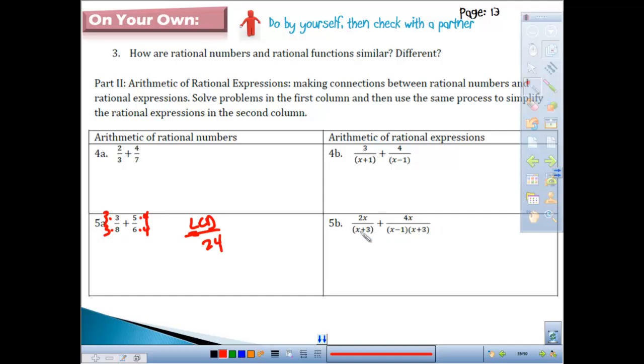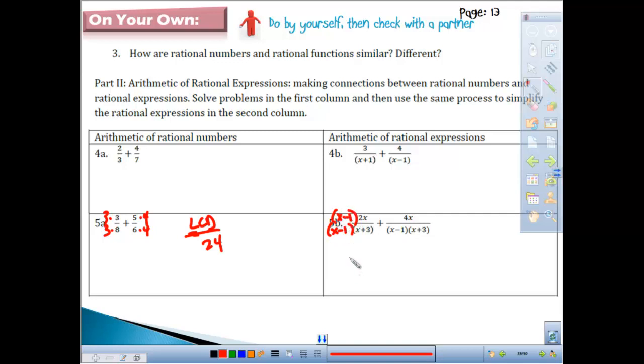Over on this side, do you see how we have a common factor of x plus 3 and x plus 3? I don't need to multiply this whole denominator times this whole denominator. We just have to make this denominator look like this one. What is this one missing that this one has? This one is missing the x minus 1, so I'm going to multiply it by x minus 1 on the top and bottom.